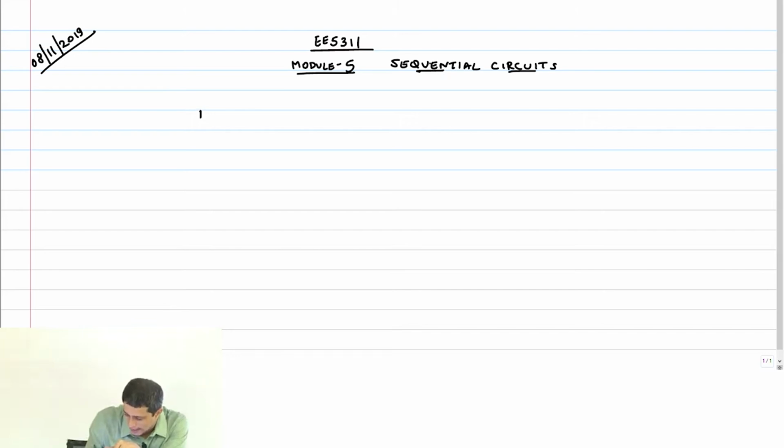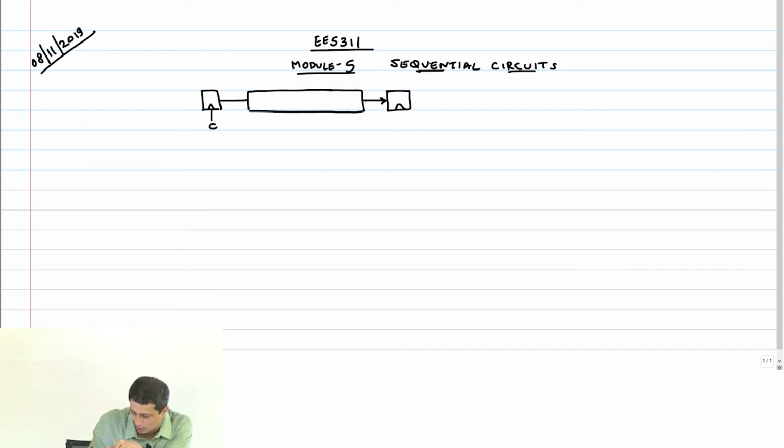So I have a flop based system like this. I'm going to draw this small. Some combinational block like this, another clock.